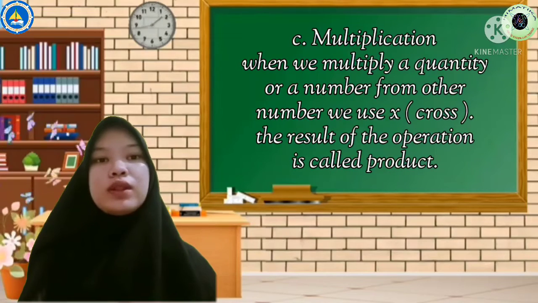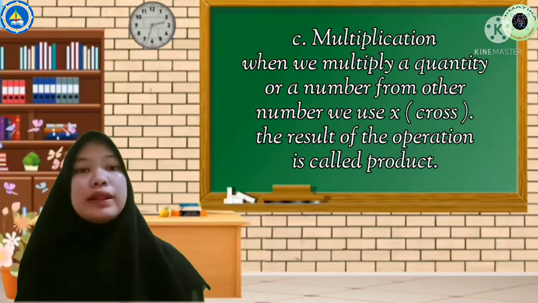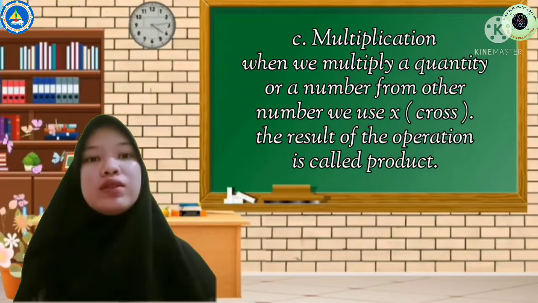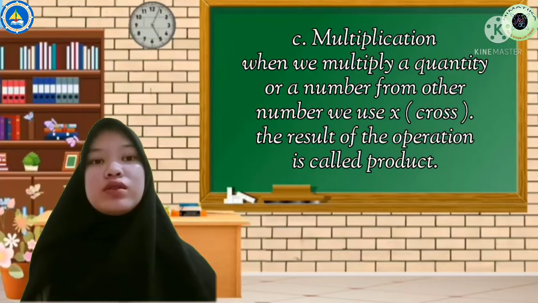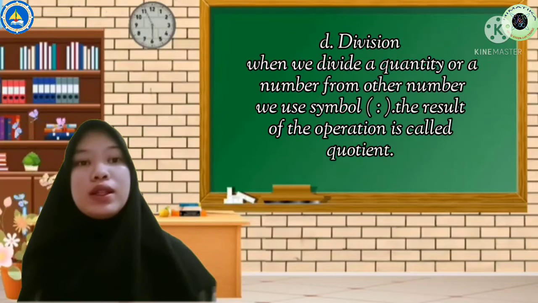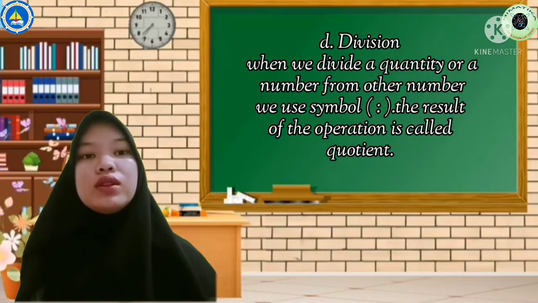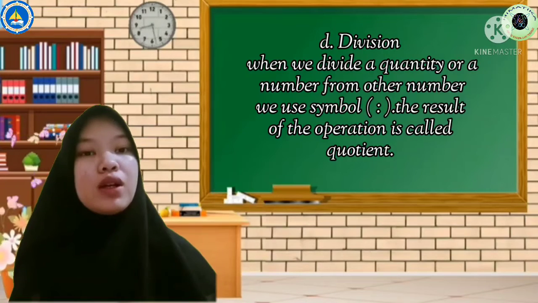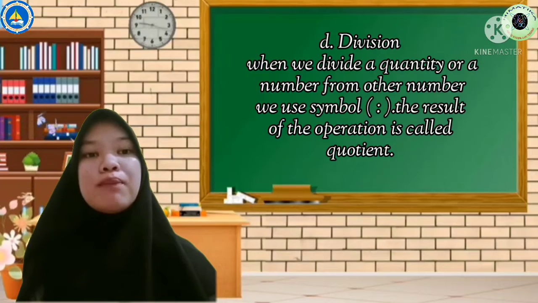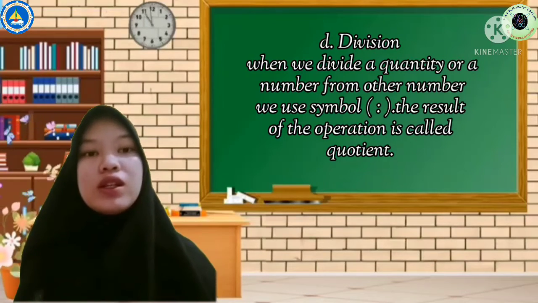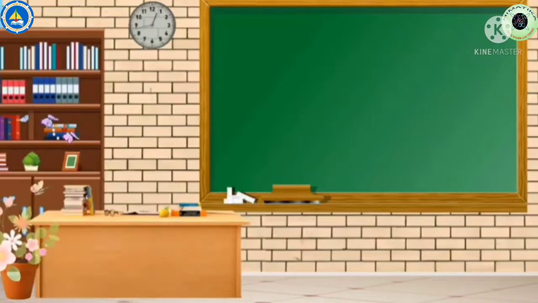When we multiply a quantity or a number with other number we add cross, the result of operation is called product. D. Division. When we divide a quantity or a number with other number we add symbol, the result of operation is called quotient.